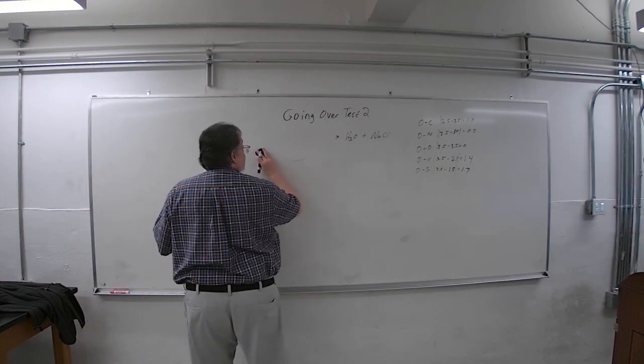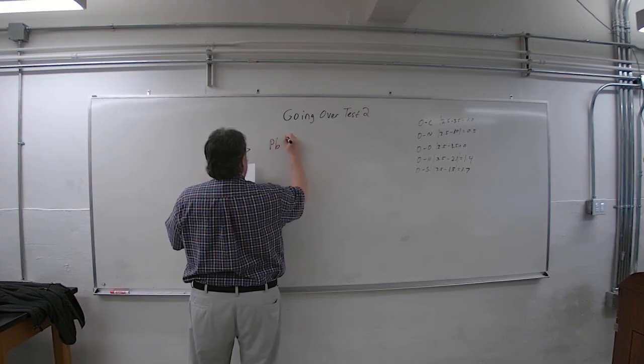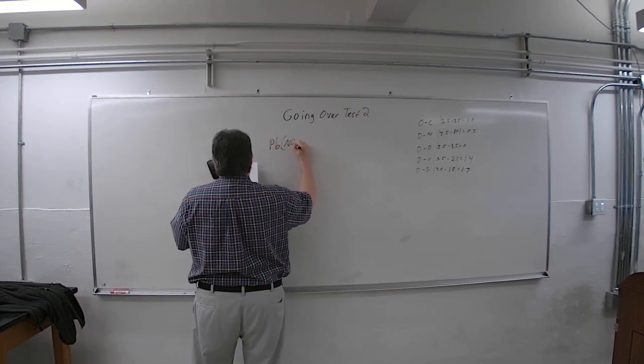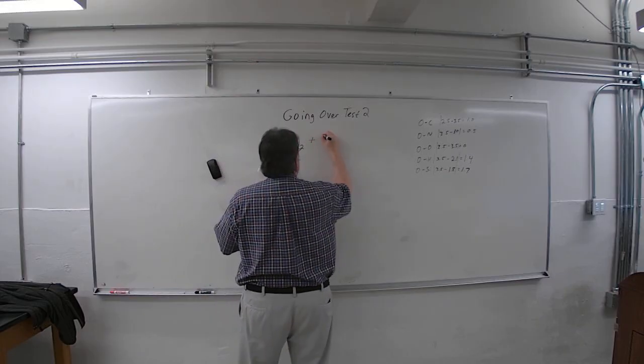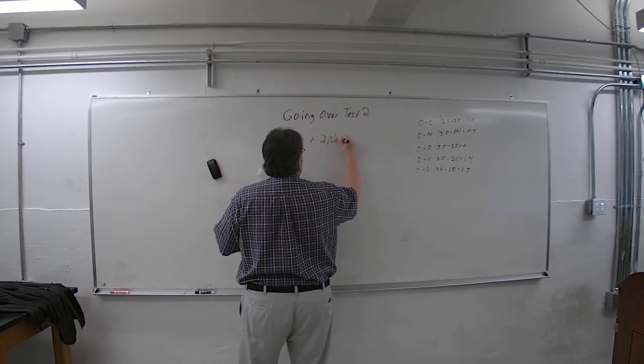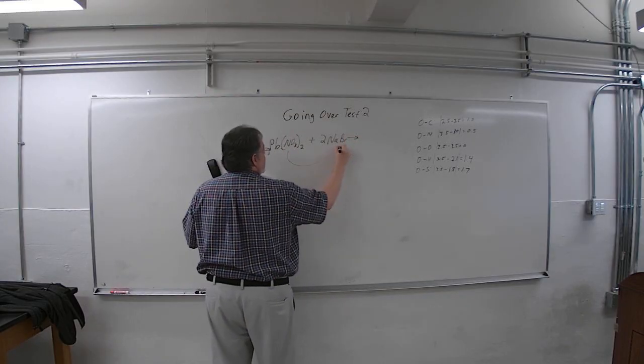What is the precipitate that forms? So we've got nitrate and Br.